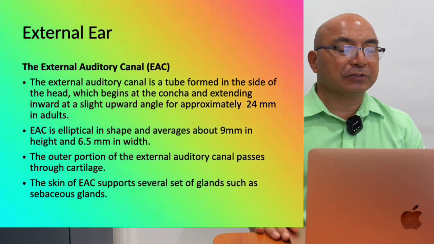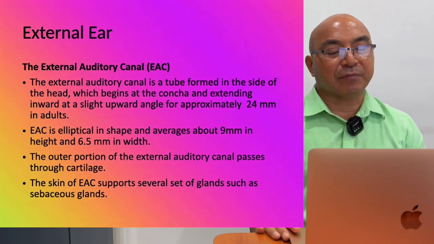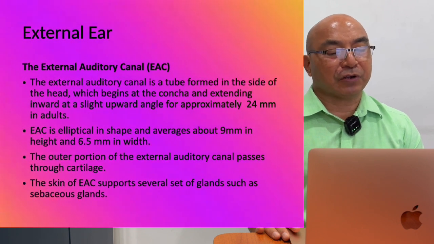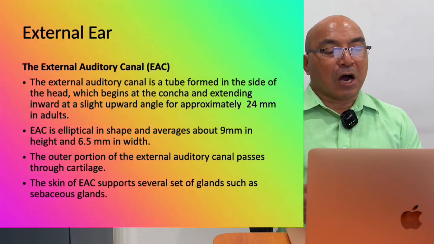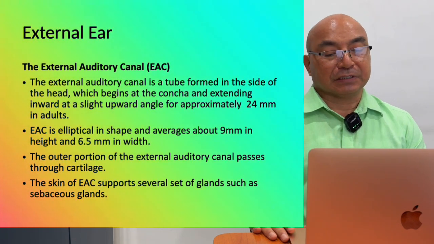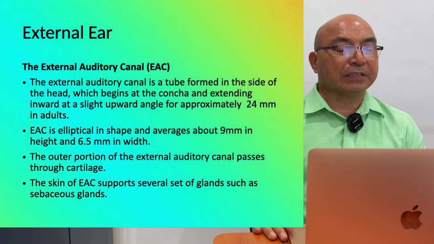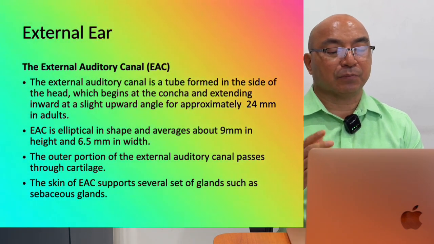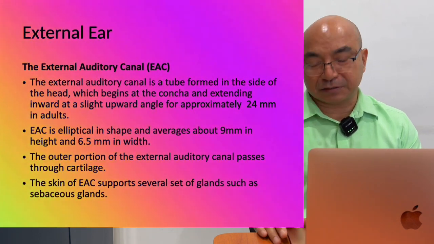The external auditory canal is elliptical in shape and averages about 9 mm in height and 6.5 mm in width. The outer portion of the external auditory canal passes through cartilage. The skin of the external auditory canal supports several sets of glands such as the sebaceous glands.